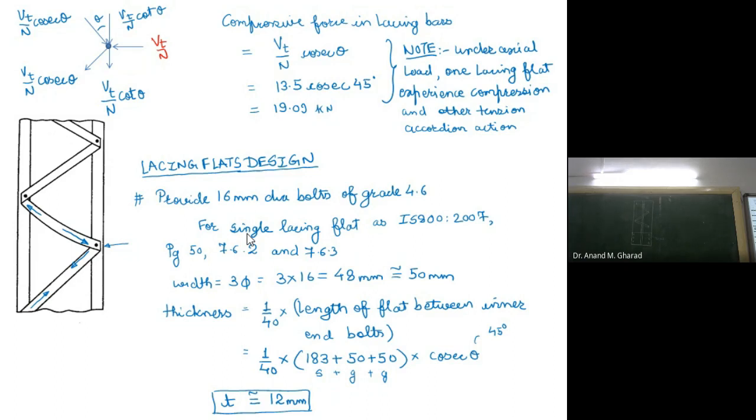So compression member, although I have covered a few numerical examples, there is one more condition, that is 4 angles if they are to be connected or built up. Then what will be the change, that you can study, we will take up in the practical class. Okay? I will stop here.